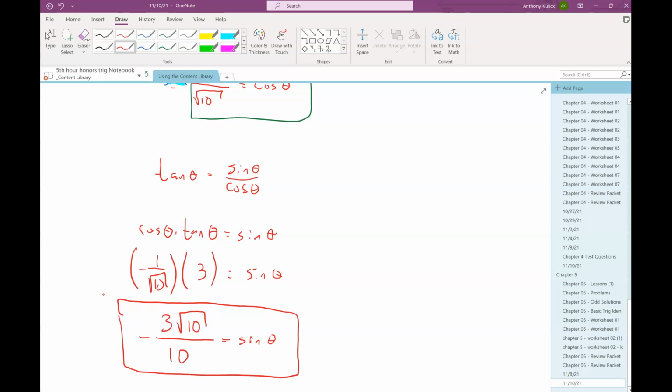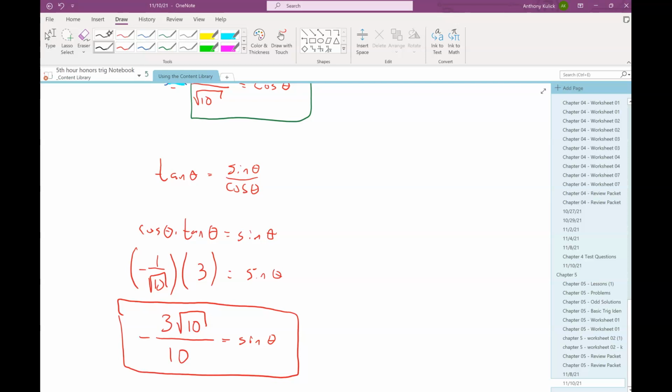Again, you could have rationalized the denominator on that cosine at any point. I just usually wait to the end to do that because it's less writing to not have all the extra stuff until the very end. But you can do it whenever you feel like it. If you're one of those people that, if I don't do it when I see it, I'm going to forget, just do it when you see it, man. It's okay. Questions about that one?